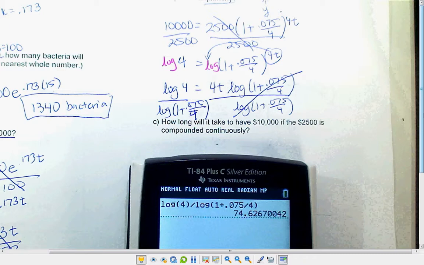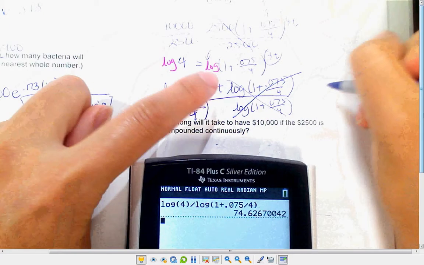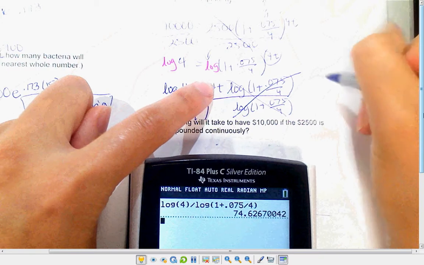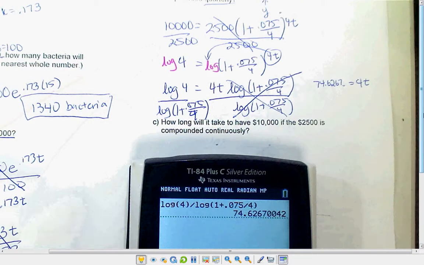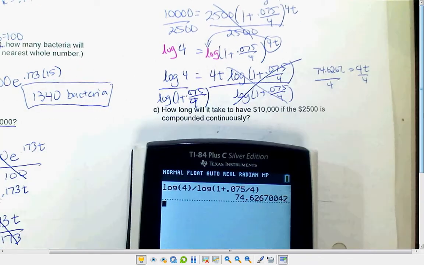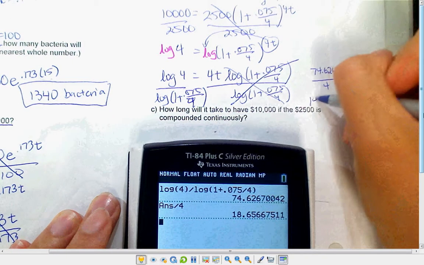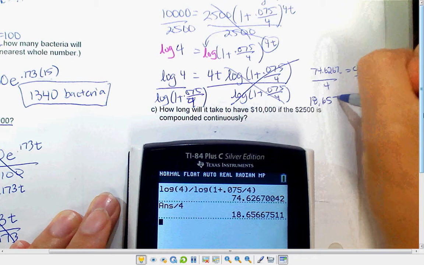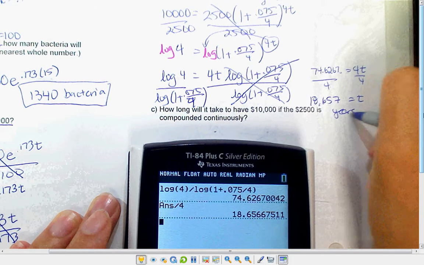And this is equal to, when these cancel out, I still have a 4t on this side. So this is 4t equals 74.6267... It keeps going. So to get t by itself, I still have to divide by 4. So I'm going to take this and divide this by 4, and I know that my time is equal to 18.657, and this is in years.